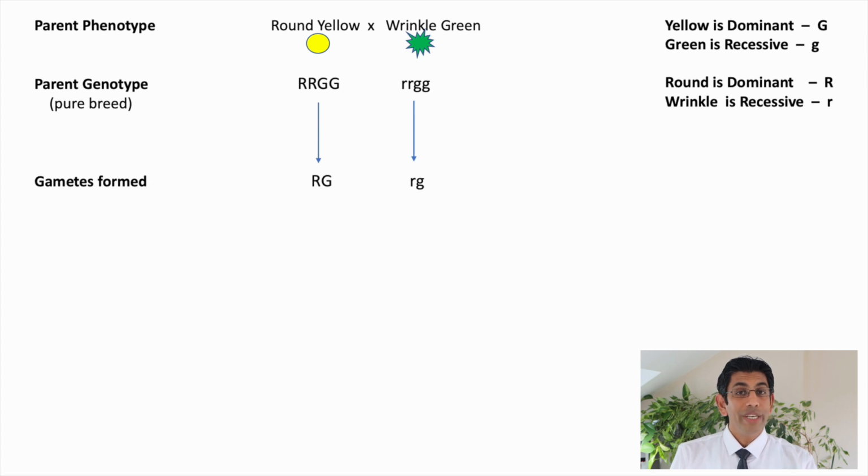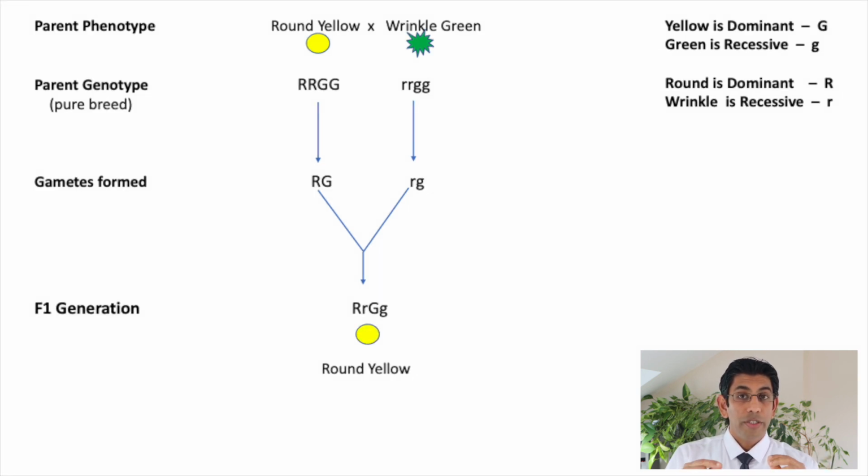Therefore, the only gamete the first parent can produce is capital R, capital G. And the second parent, small r, small g. These are the only gametes that can be formed by each parent. So during fertilization, when these two gametes fuse, in the F1 generation, the offspring is going to be round and yellow because the dominant characters are coming from one parent.